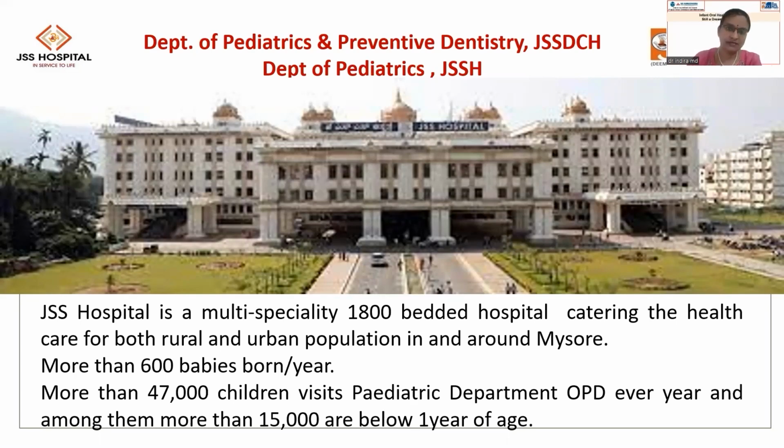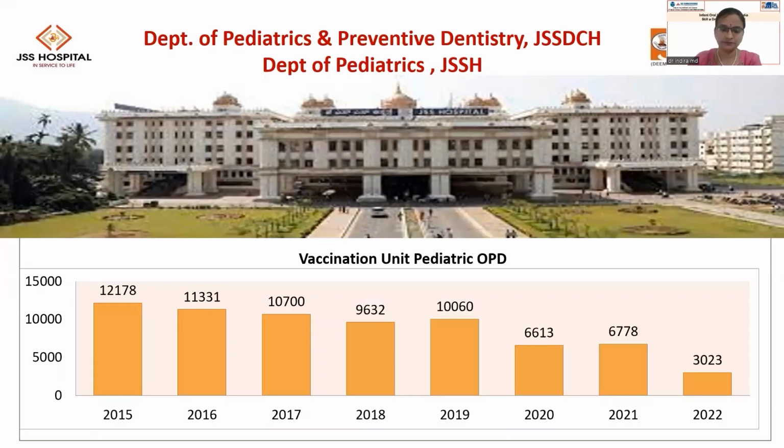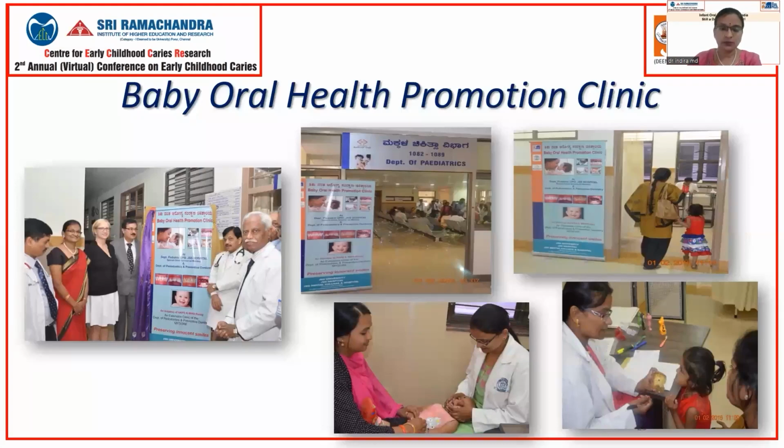Around 600 babies are born per year in this hospital, and more than 47,000 children visit the pediatric OPD every year, and among them, more than 15,000 are below 1 year of age. And in the vaccination unit of the pediatric department, more than 10,000 children are vaccinated per year. So this was easily accessible for us to implement the infant oral health care.